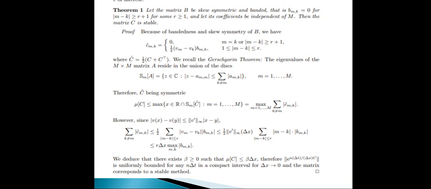However, since |μ(x) − μ(y)| ≤ μ'_∞ |x − y|, we have Σ_{k≠m} |C̄_{m,k}| ≤ (1/2) Σ_{|m−k|≤r} |μ_m − μ_k| |B_{m,k}| ≤ (1/2) μ'_∞ Δx Σ_{|m−k|≤r} |m − k| |B_{m,k}|.